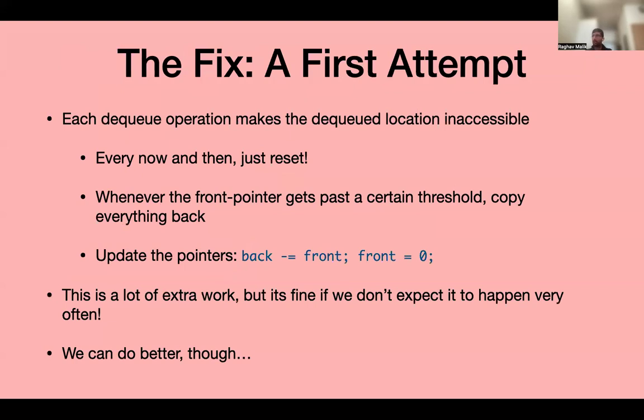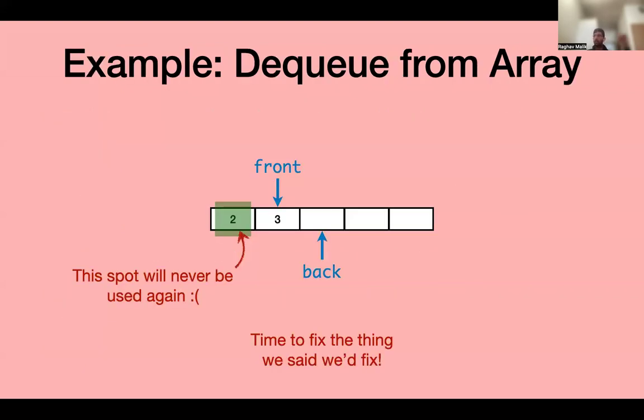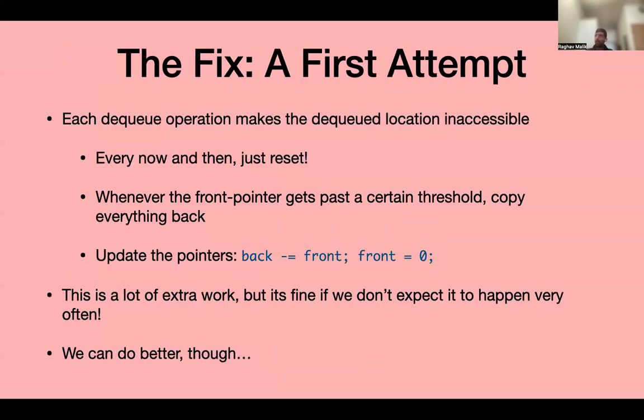So first attempt at fixing it. If you notice, every dequeue operation makes the location that you dequeued from inaccessible, right? So if we go back here, we dequeued from the first element of the array, and so the 2 is now inaccessible. I mean, we can still access it in memory, but the queue is never going to touch that spot again. So every now and then, we can just reset, right?